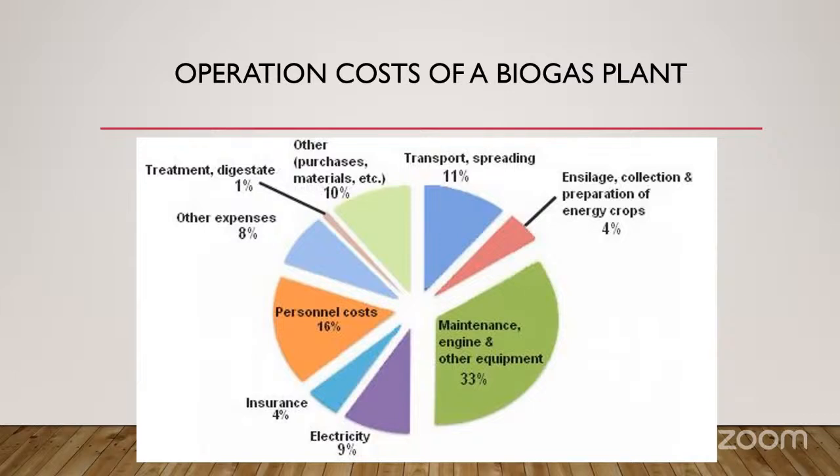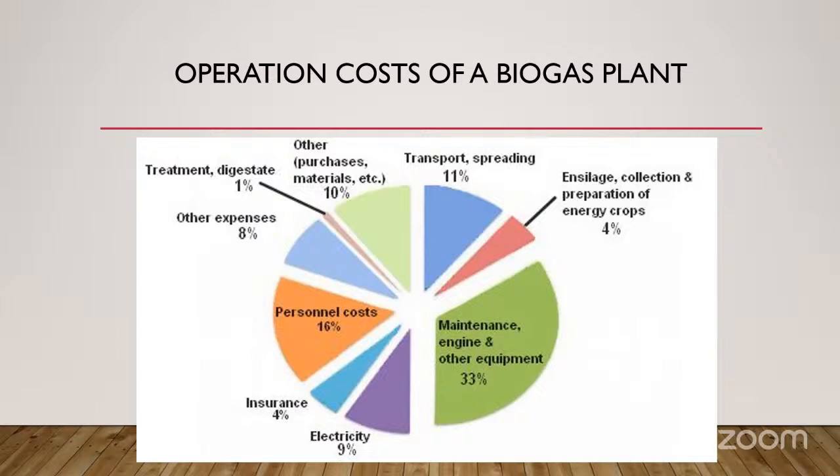So treatment of digester can take 1%. We have personnel costs, which can be up to 16%. We have assurance, which can take 4%.